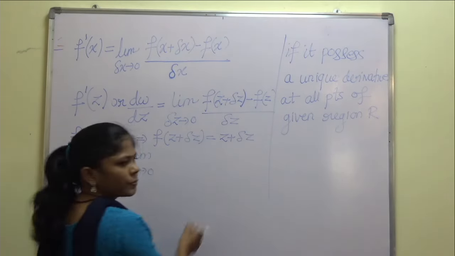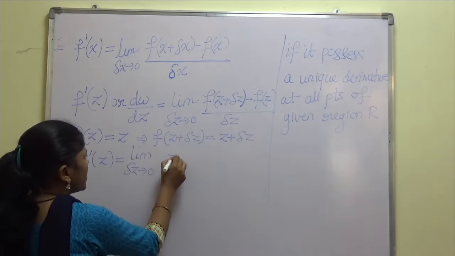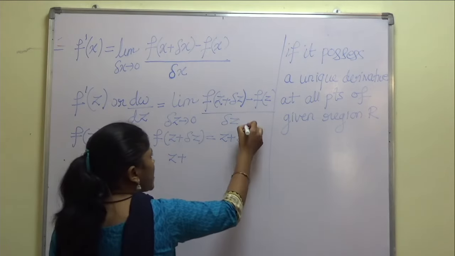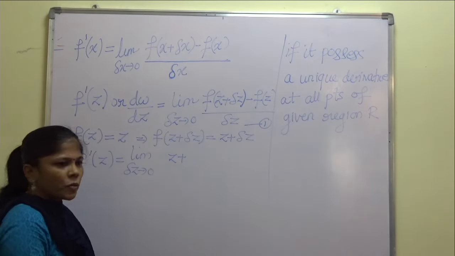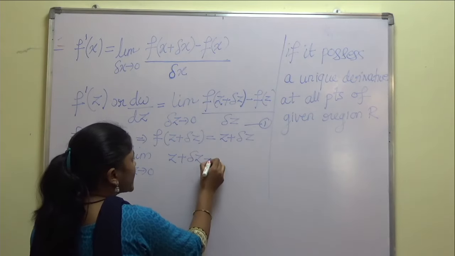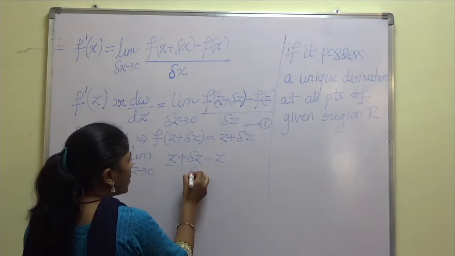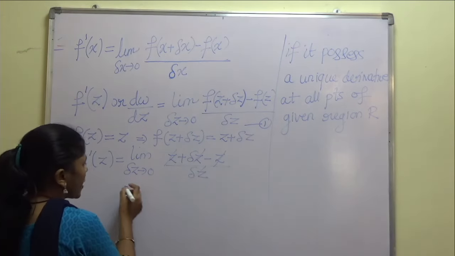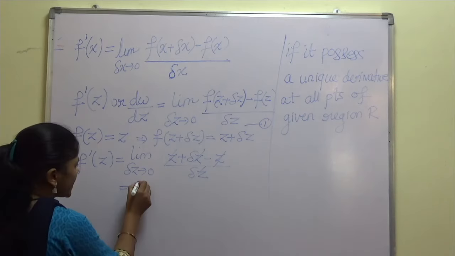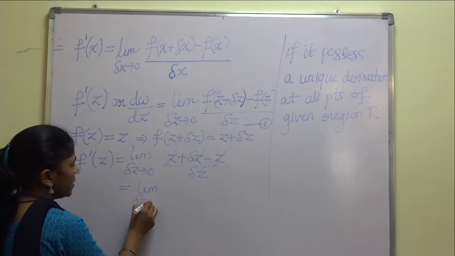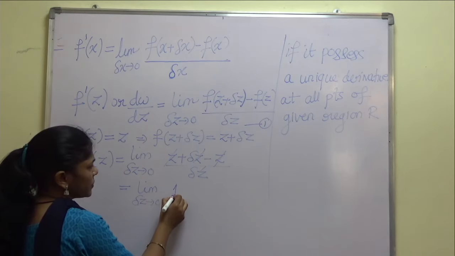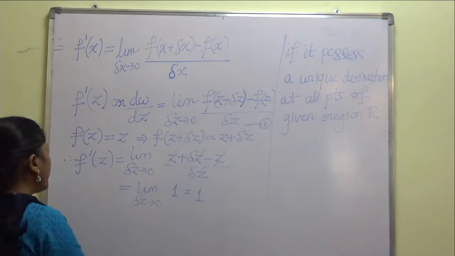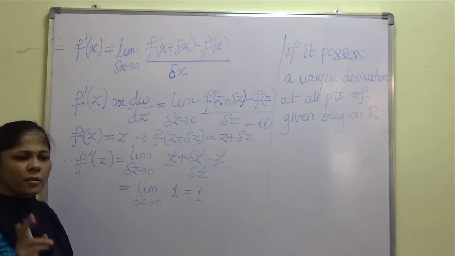Substituting in equation number 1, we have z plus delta z minus z upon delta z. The z will get cancelled, and delta z will also get cancelled. We are left with the limit as delta z tends to 0 of 1, which is nothing but 1. So the derivative of f of z equal to z is 1.